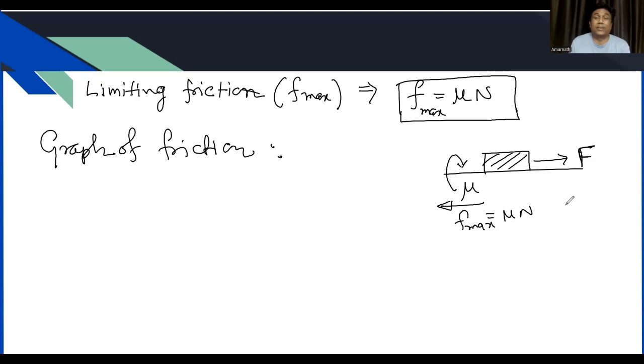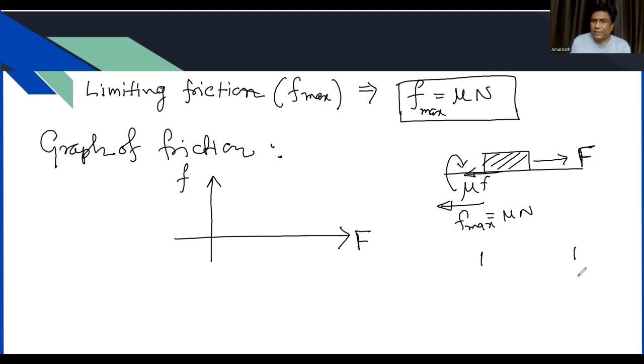Otherwise, we need to calculate the value of F max. But if I apply less than that F max, whatever force I apply, the frictional force also, it is a self-adjusting force, we have already told you. So frictional force will be that only. If I draw the graph, say this is the applied force and this is the frictional force. If applied force is 1, frictional force also will be 1.